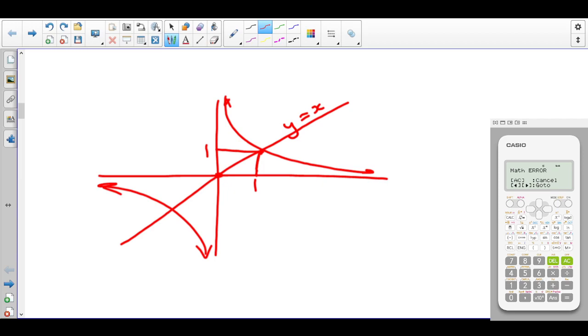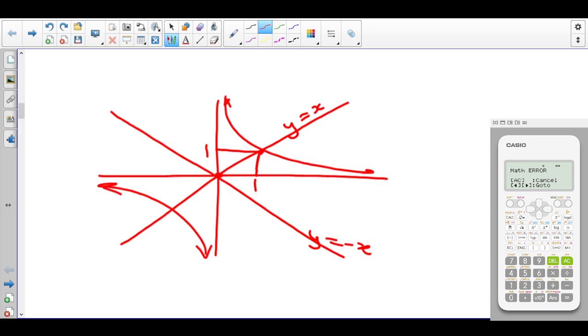Just go back to your graph, you'll see that those two values were the same. If you go this direction, this was y is equal to minus x. So if you fold the graph along those lines, you'll see it will be exactly the same.